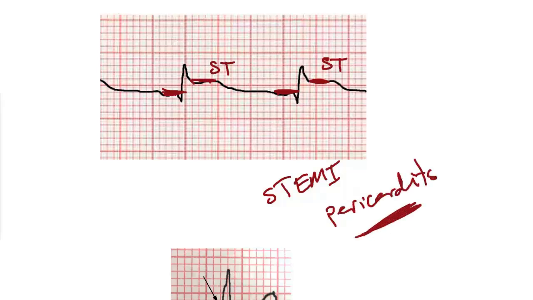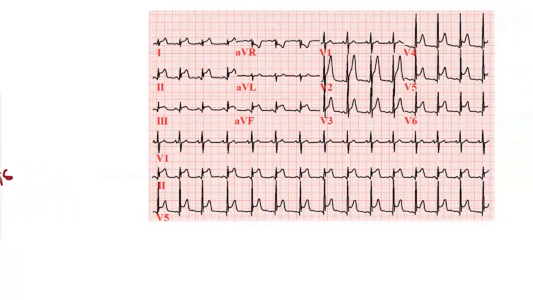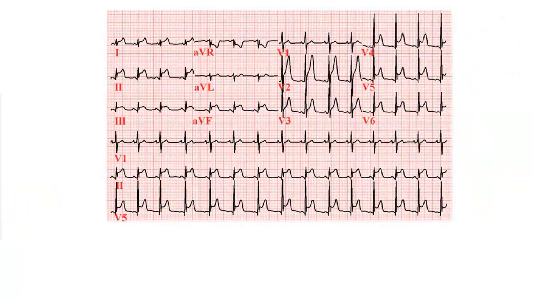And where would be the ST segment elevation in these patients? It would be diffuse ST segment elevation in all leads, except for sometimes not seen in V1. And then how about the aVR? We see the reciprocal ST depression in aVR. And that is an example of pericarditis.